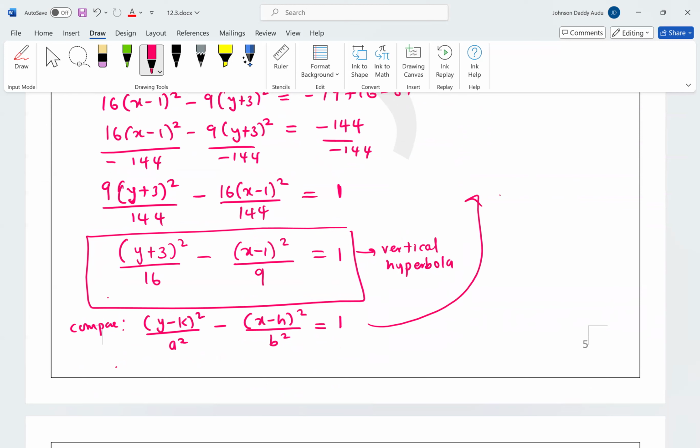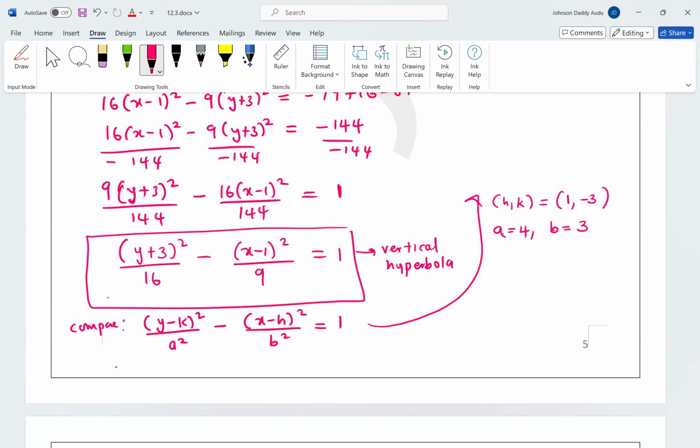So we can see that h, k is nothing but what? H is going to be 1. And what is k? K is minus 3. Then a is 4, and b is what?